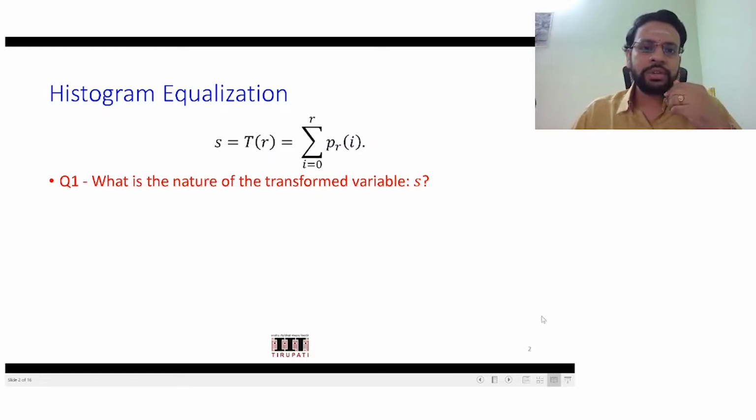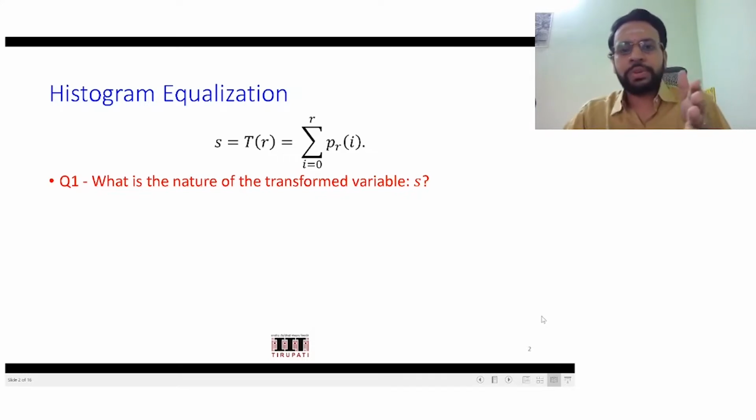The first one being, when you are applying histogram equalization, essentially you are making use of the cumulative distribution function and moving from your parameter R, you are mapping that to a new parameter S. So what would be the nature of this transformed variable S?